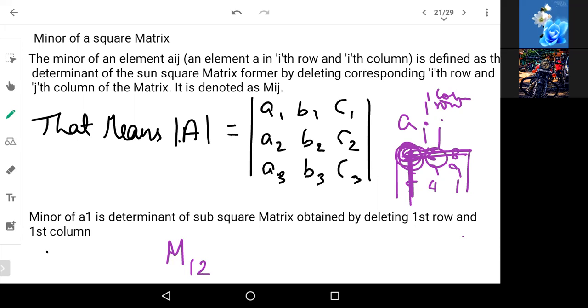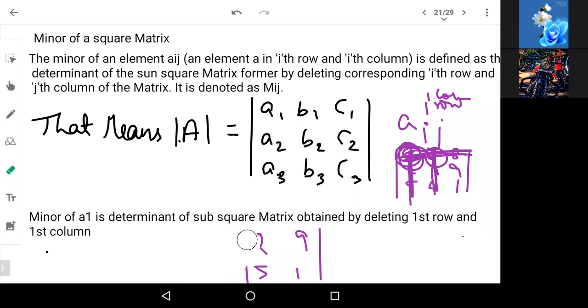Now, how do I find the minor? I will take out this column and the first row, and what is remaining? 5, 1, 9 and 2, I think. Yeah, first row, second column. Did you all understand how to find a minor? Yeah, good.